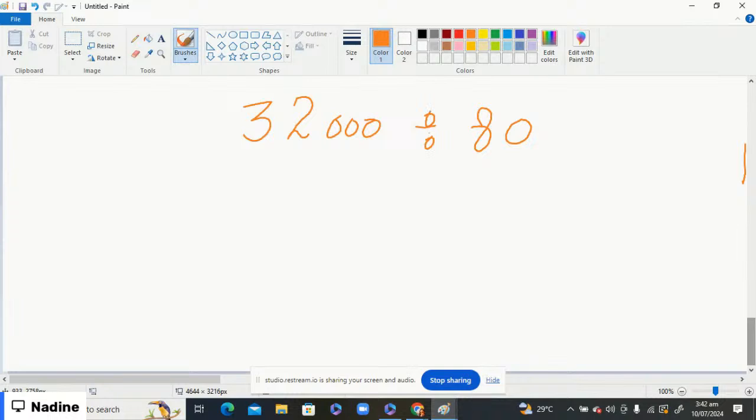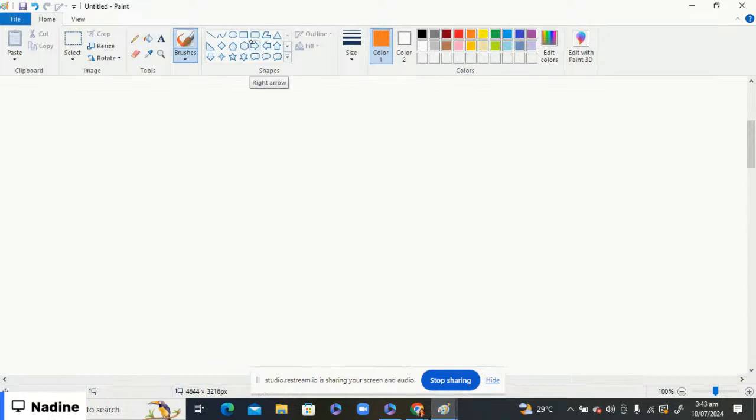So check it out. 8 times which number is 32? 8 times 4 is 32. One zero and one zero cancel out. Only two zeros are left. Now if I write down the question, first of all divide 32 by 8.